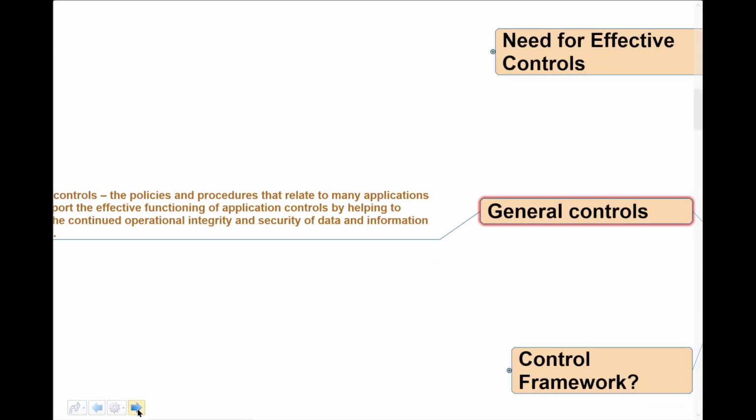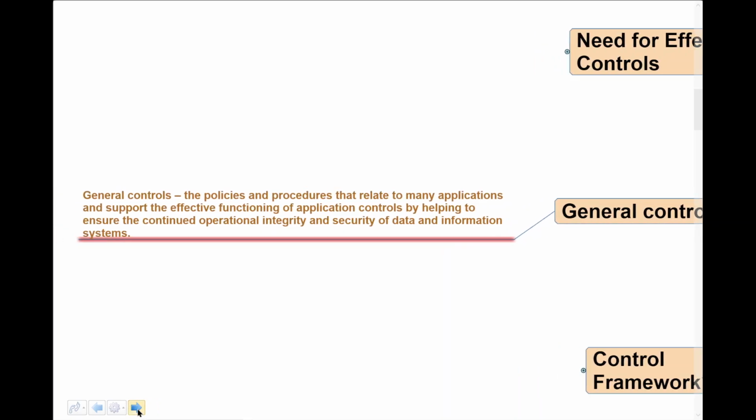We need controls. First set of controls, think broad controls. So we're talking general, the policies and procedures that relate to applications, and indeed support in an overall sense the functioning of, as we'll see in a moment, application controls.